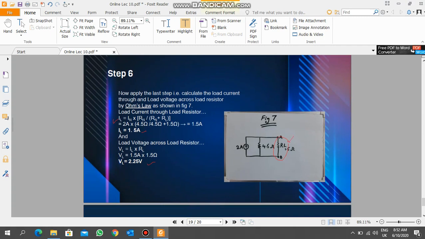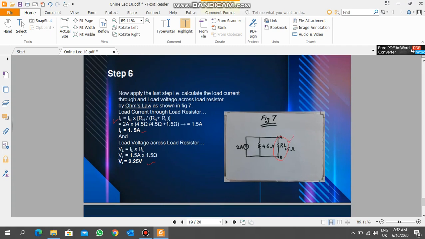So let's tally one more time from this. In the first step, first of all, we short circuit our load resistance. In the second step, we find the total resistance, total current, and current through the short circuit. In the third step, we short circuit our voltage source. In the fourth step, we find the Rn from this formula.